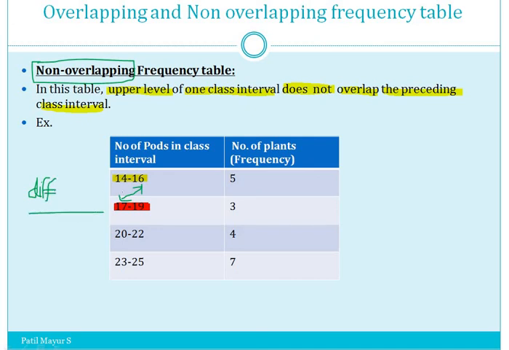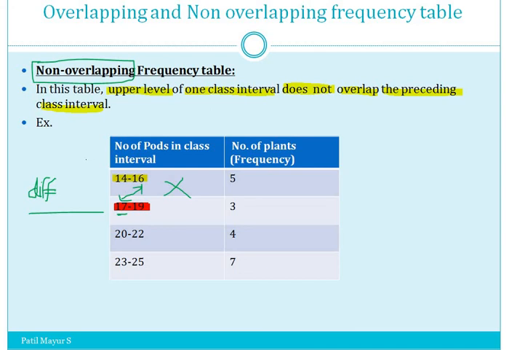So the upper limit of one class interval is not represented as the lower limit of the next class interval. This represents our non-overlapping type of frequency table.